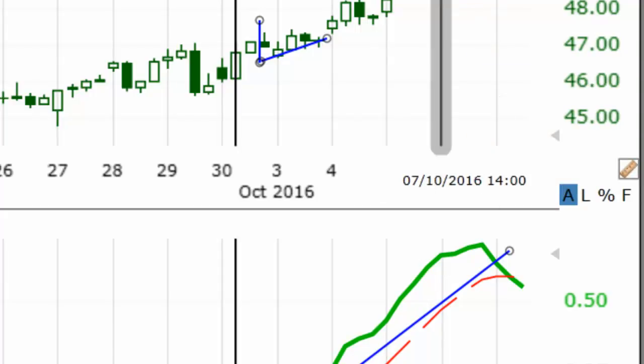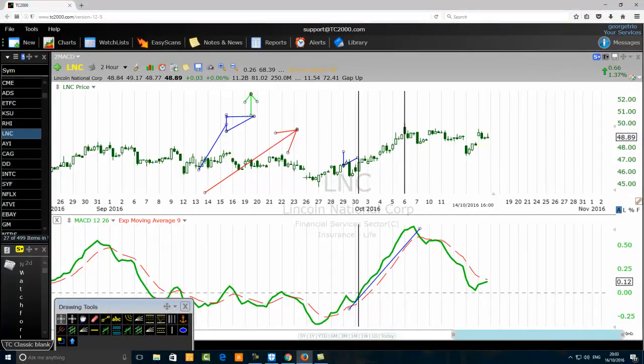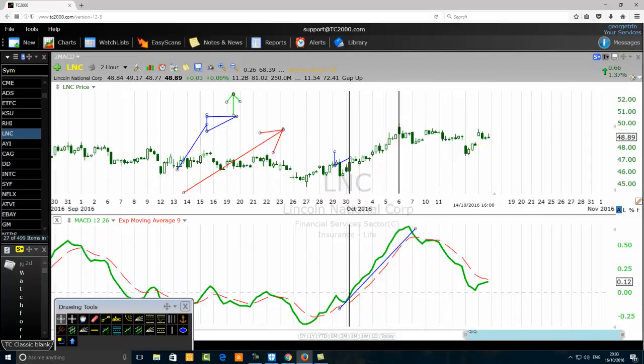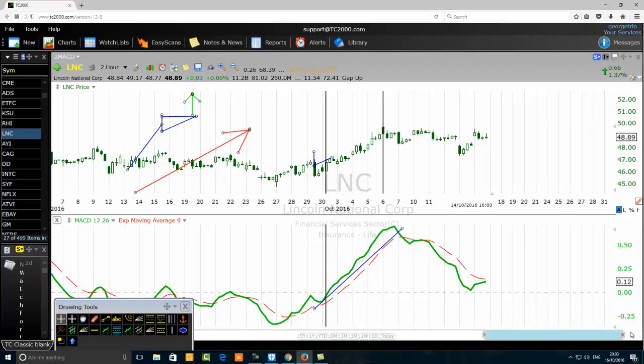Now I'm going to switch my time frame from the 2-hour to the 10-minute time frame, and I want you to pay attention to the two vertical lines. On the 10-minute time frame, we want to check whether we have the ascending triangle during the time when MACD was sloping up on the 2-hour time frame.